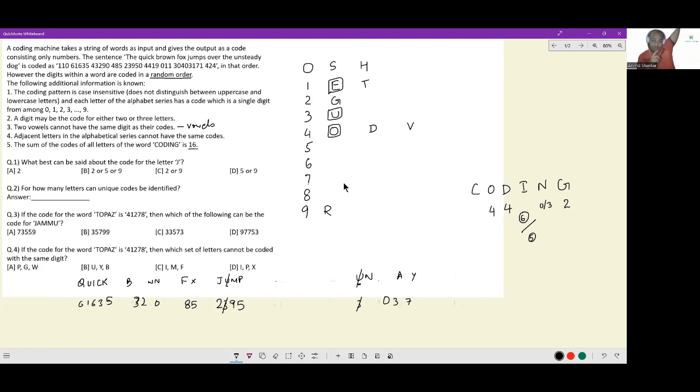Can A be 3? A cannot be 3. A can be 7. A has to be 0 or 7. And I has to be 6 or 5.